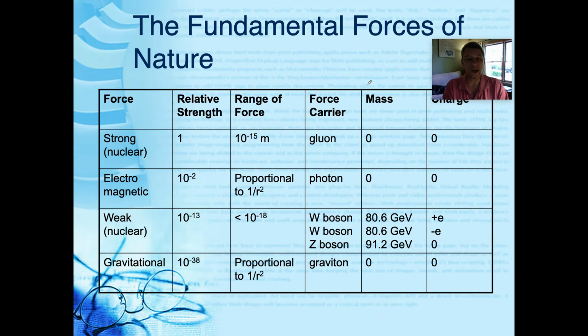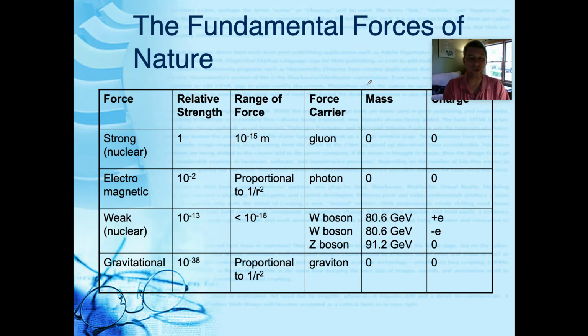Now, the third column in this table is the range that these forces exert themselves over. The strong nuclear force has a very small range of 10 to the negative 15th meters. And the weak nuclear force is less than 10 to the negative 18th meters.